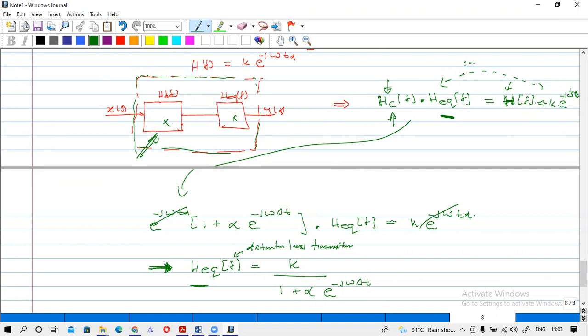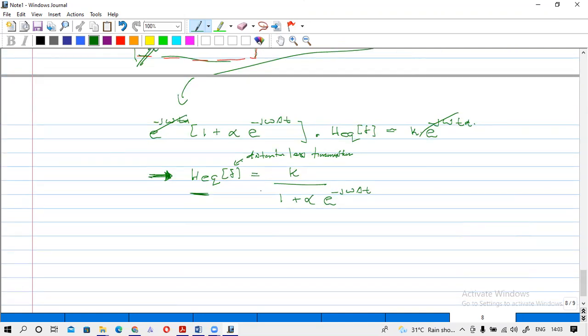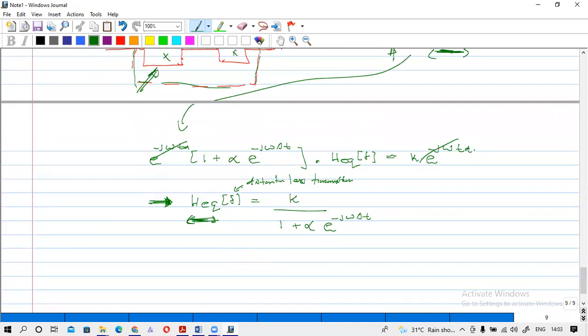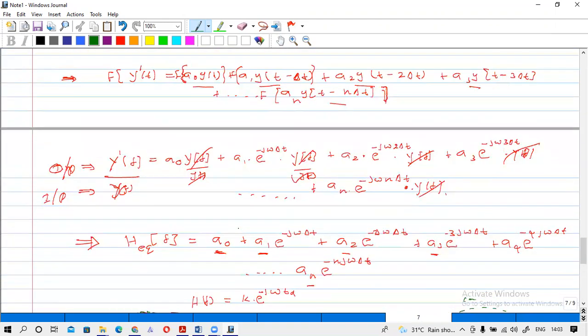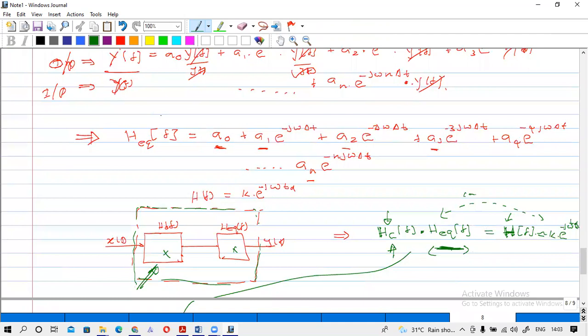Under that condition we have found the equalizer transfer function. So we know the equalizer transfer function for distortionless transmission, and also we have derived our general equalizer transfer function.